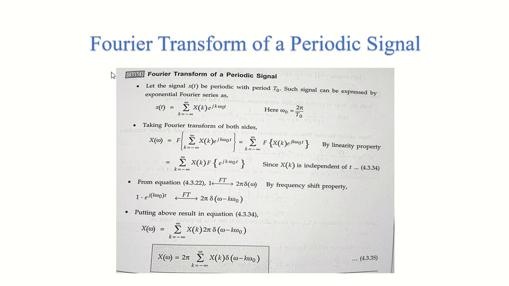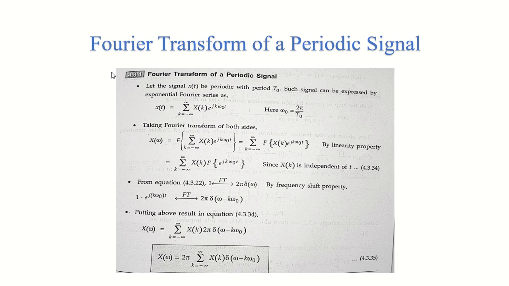Sine wave or cos wave are both typical examples of periodic signals, because they repeat after a certain time period, whereas an exponential signal is not a periodic signal. It is a non-periodic signal because it never repeats itself after a certain amount of time.